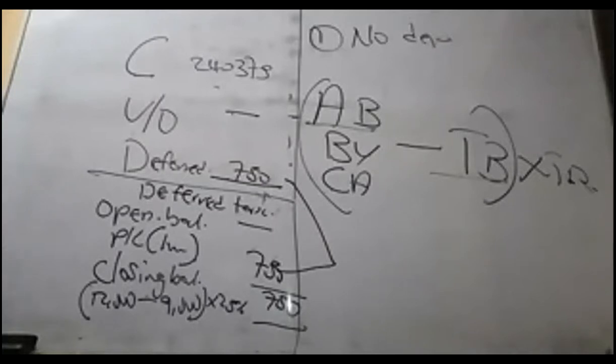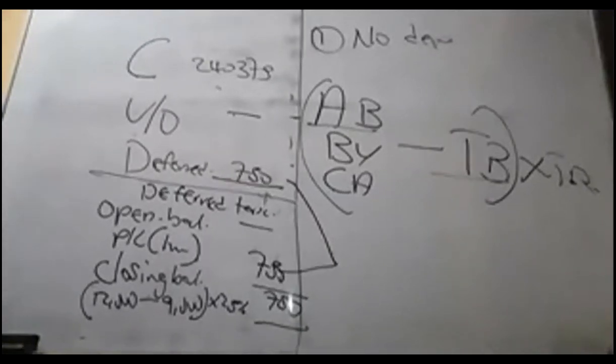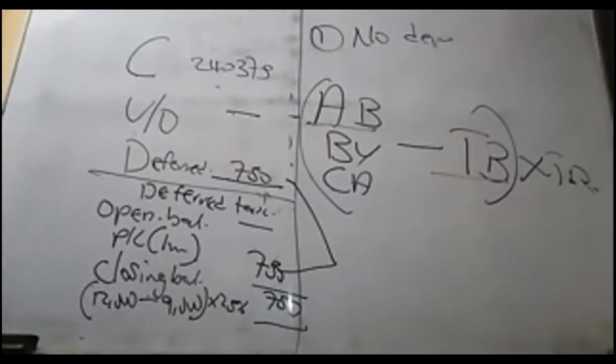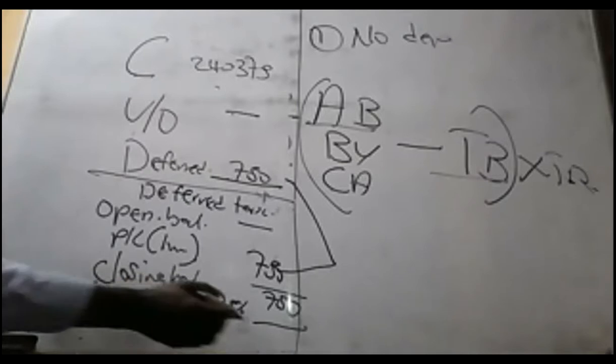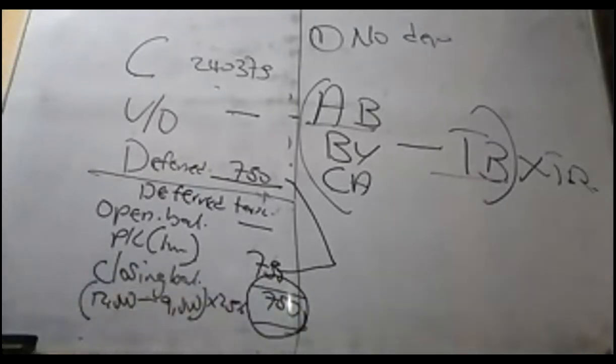Then after getting that figure, you send that figure to the statement of comprehensive income. Then you come back again after a short relax. First, this figure, the closing balance of the deferred tax, is always a non-current liability or a non-current asset, depending on which one is higher.